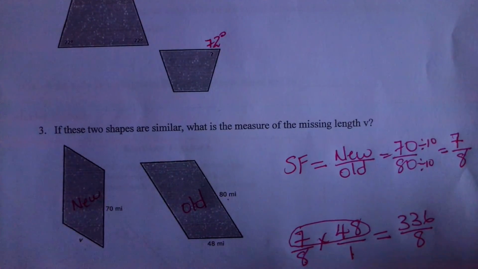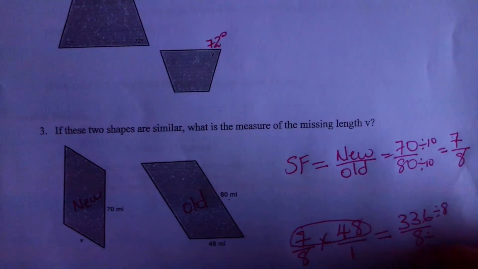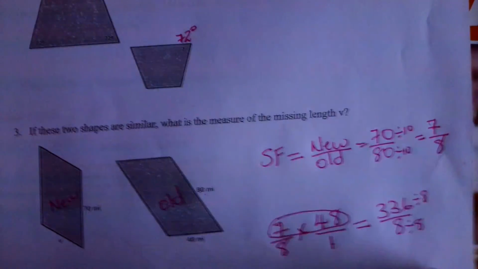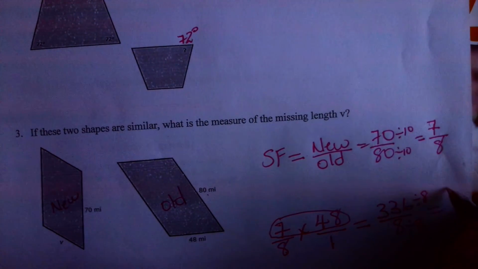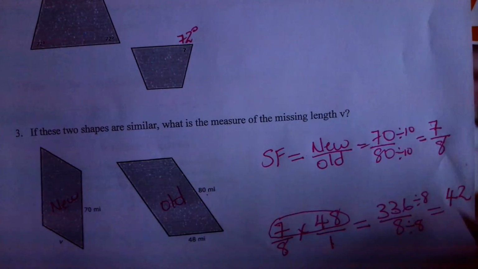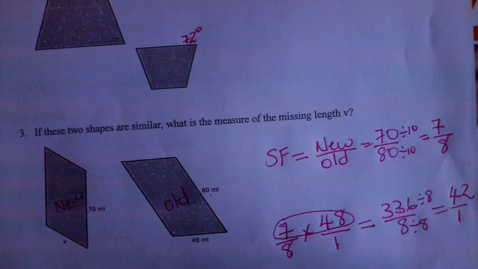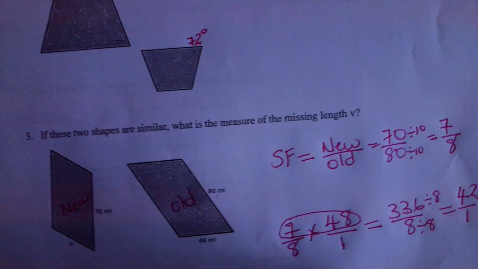We can simplify this fraction. Divide numerator by 8, divide denominator by 8. 336 divided by 8, that's going to give us 42. And 8 divided by 8 is going to give us 1. Remember, any number over 1 is always that number as a whole number.